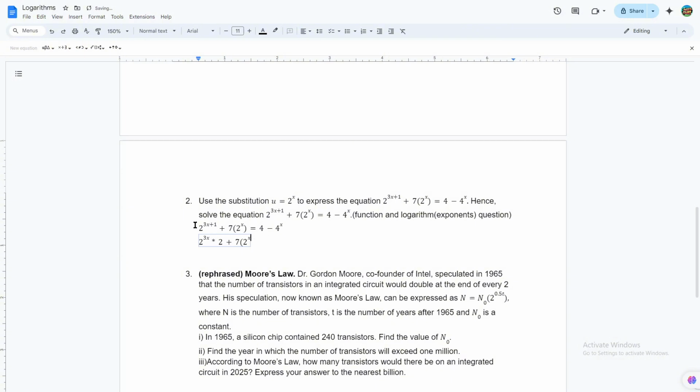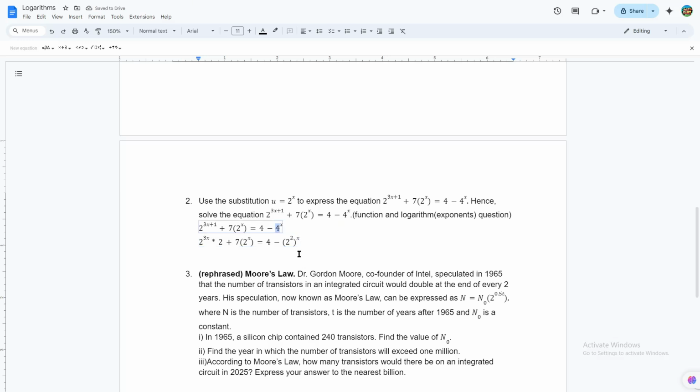There's no need to change this 7 times 2 to the power of x, because we can easily substitute it to u later, equals 4 minus 2 to the power of 2, bracket this up, and to the power of x.